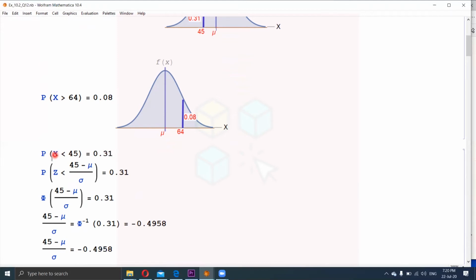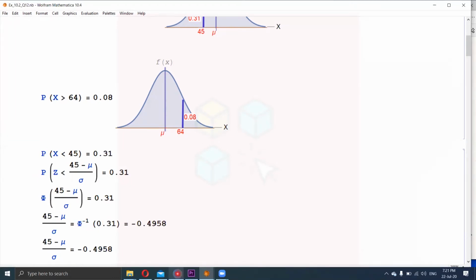X is converted into the z-score, so 45 is converted into the z-statistic, 45 minus mu over sigma, and probability z less than this is written in the form of phi. So phi of the z-score 45 minus mu over sigma is 0.31, and this value is obtained from the phi inverse table of quantiles of the standard normal distribution, table number 10a.